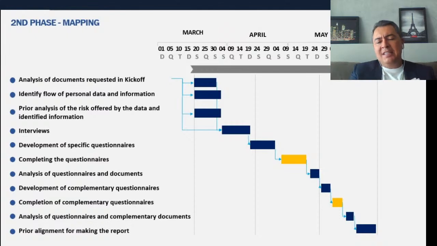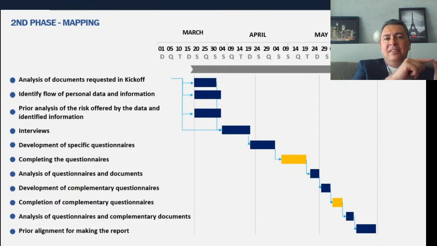So we try to identify all the vendors, why we need those vendors, what kind of responsibilities they have regarding the personal data that we process, and so on. By analyzing the documents, definitely we'll find things that we'll have to change in those documents.